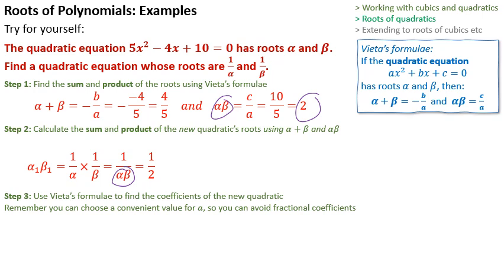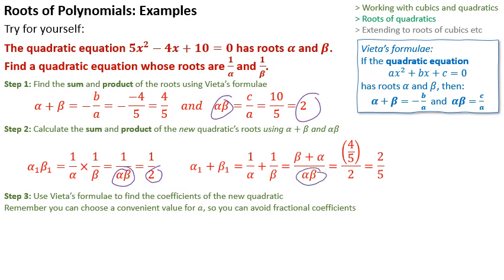Therefore 1 over 2. When we look at the sum of the roots, there's a bit more work to be done, but we can add fractions together. And when you get into the swing of this particular topic, you'll start to enjoy the process of trying to manipulate an expression so that you can write it exclusively in terms of things you already know. In this case, in terms of the product of the roots and the sum of the roots.